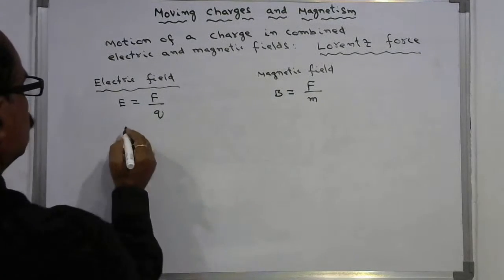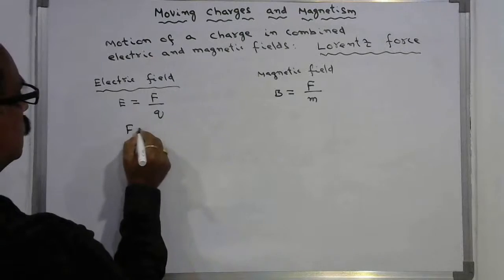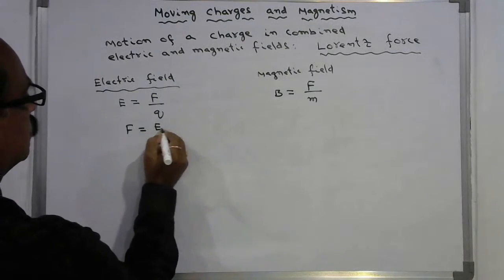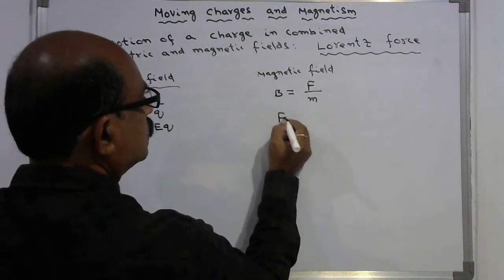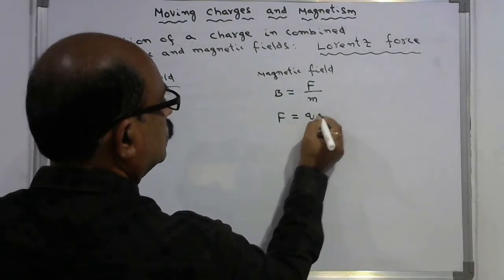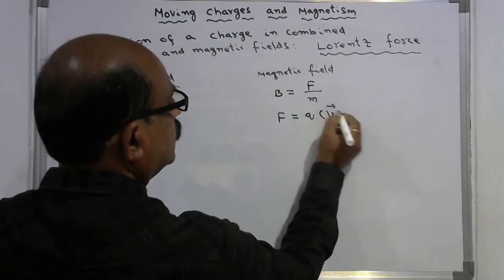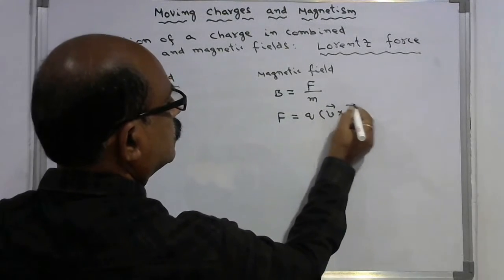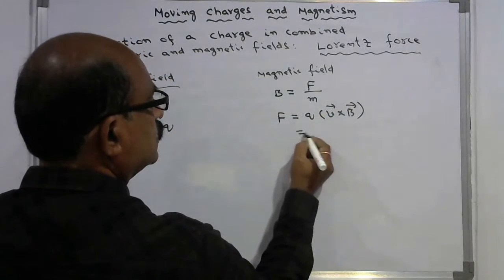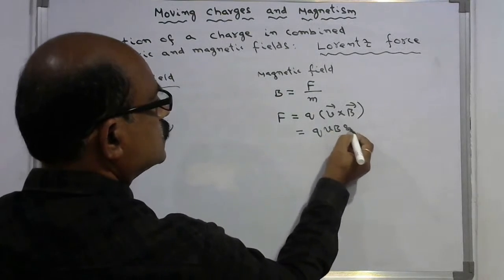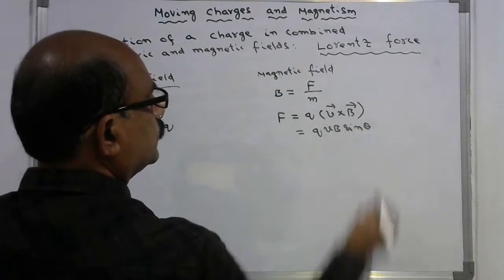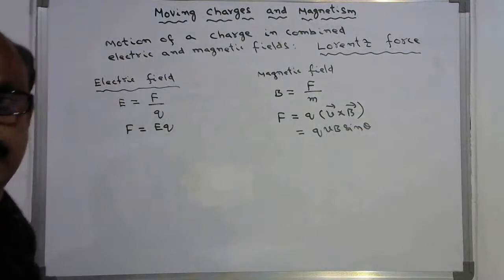In this case, force is equal to Q into V cross B, or this can be written as QVB sin theta. You consider only its magnitude.